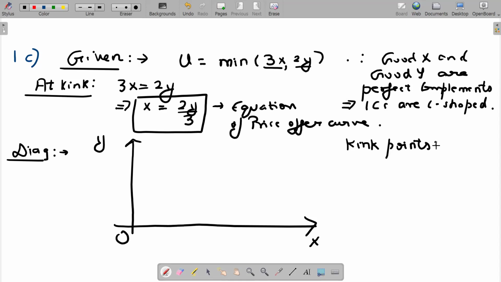If I take Y as 1, X will be 2 by 3. If I take Y as 3, let's say, then X will take the value 2 and so on. If Y takes the value 1, let me correct myself.